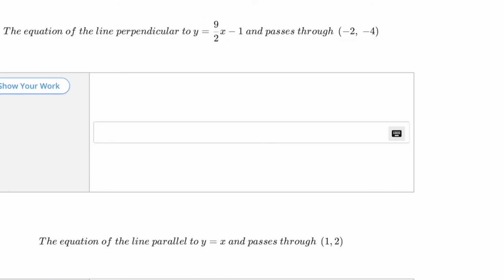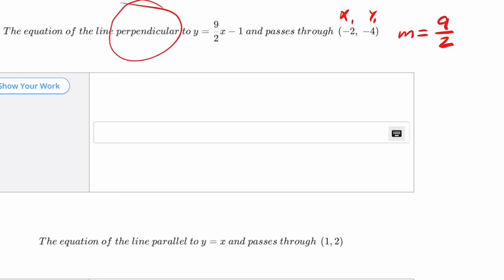Now we want a line that is perpendicular to y equals 9 over 2x minus 1 and passes through this point. Again, we need x1, y1, and we need our m. So we are going to use that slope. This time we need to do something with this slope because it's not parallel.